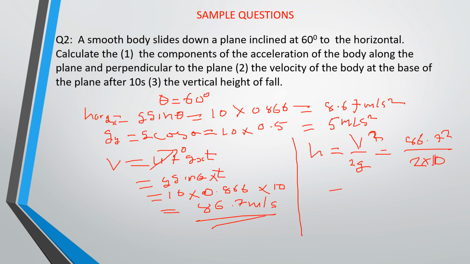So if we work that out, you are going to have 375.8 meters. This is what you are going to have. So guys, this is how to use those equations that we just derived to solve problems.